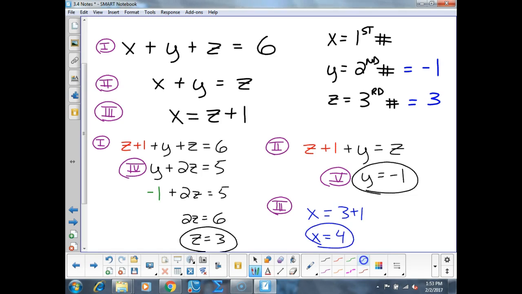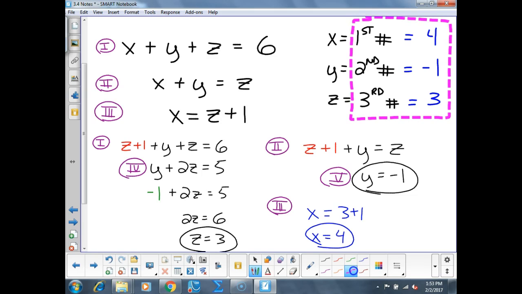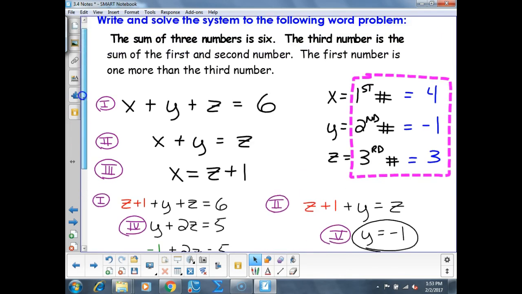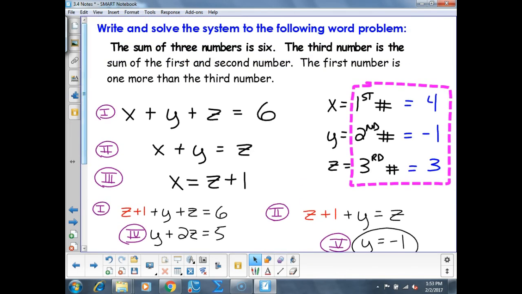So x equals 4. So now, go back to your original problem. The sum of three numbers is 6. 4 plus negative 1 is 3, plus 3 is 6.